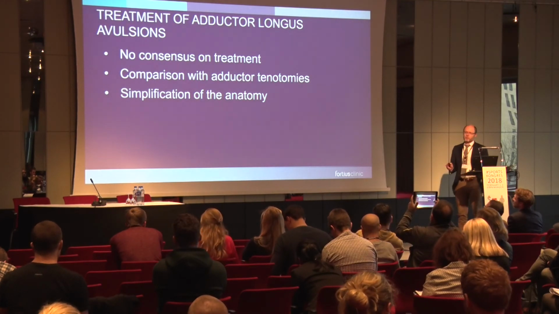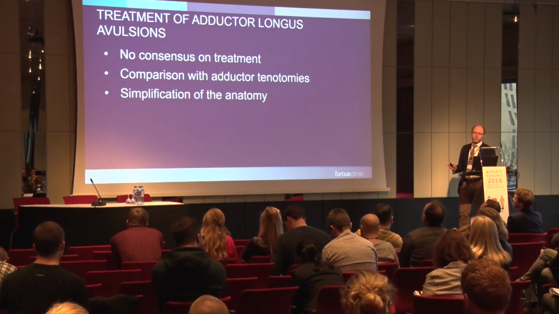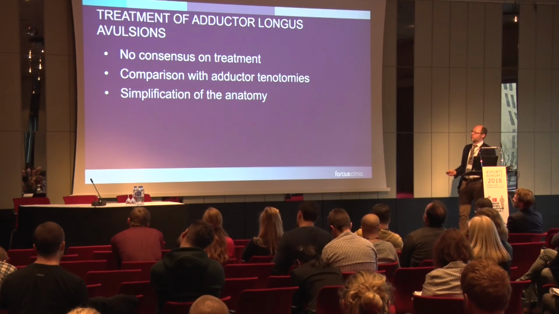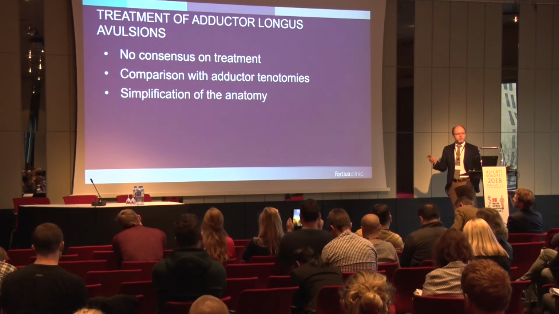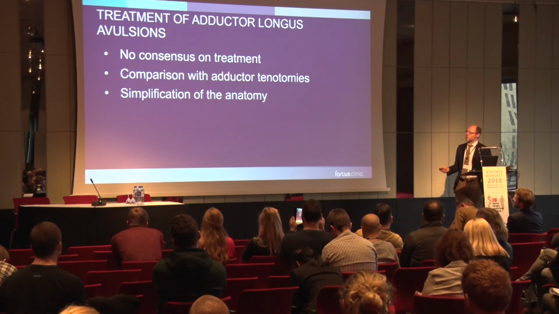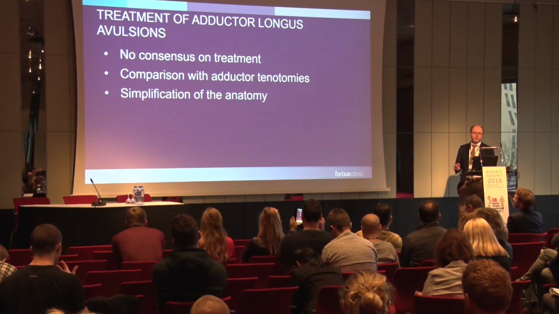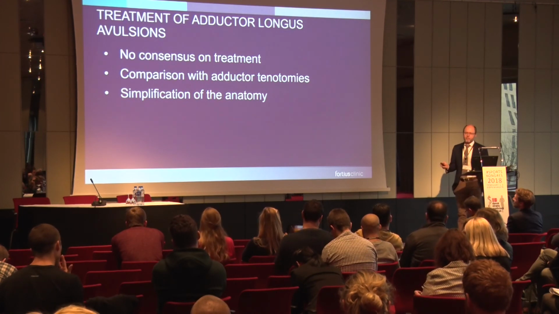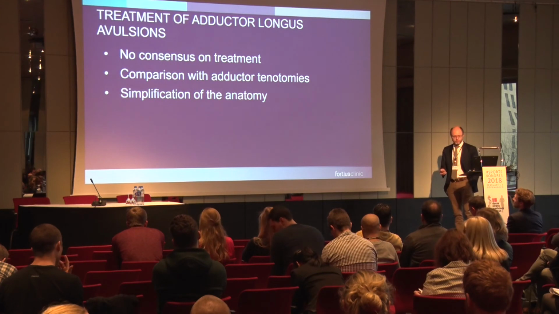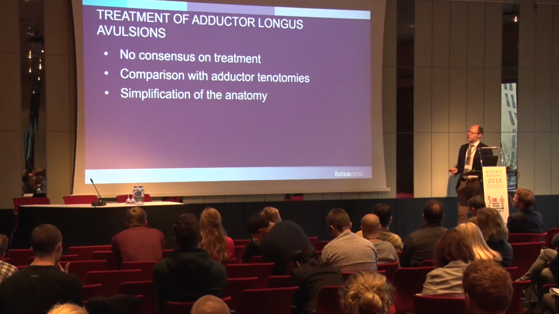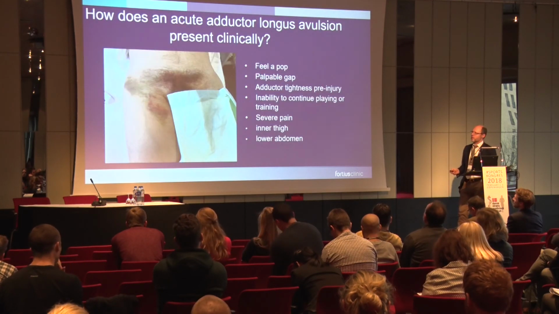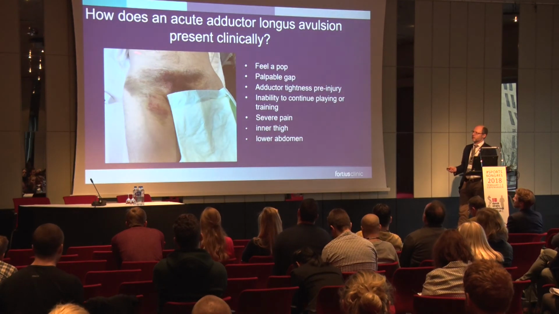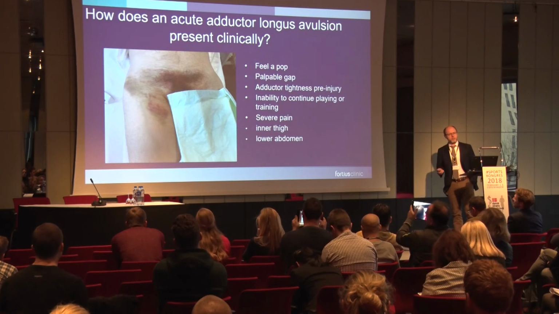So I think we can agree that at the moment there's still not a consensus on treatment. You can see from the anatomy that comparing it with adductor anatomies is a gross oversimplification of things. So we need to have a much more anatomical approach. And if you look at these kinds of injuries, the history is very important.